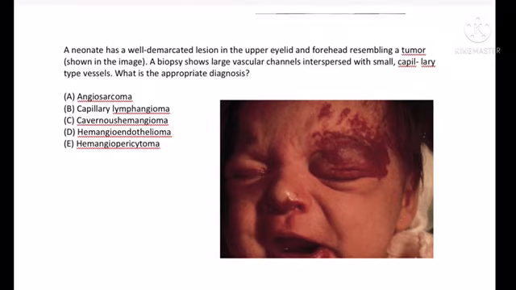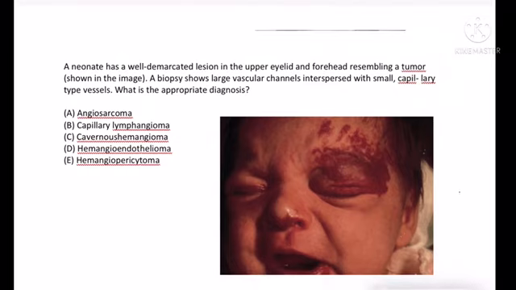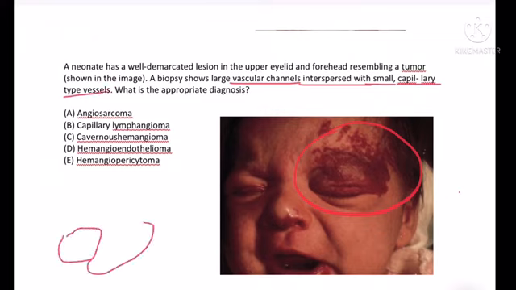Why is it called the cavernous hemangioma? The question itself is saying that there is a tumor-like mass we can see here on the patient's upper eyelid and the forehead side, and the biopsy shows large vascular channels interspersed with small capillary type vessels. It means that there are cavernous cavities like this, and these cavities are interspersed by small capillaries.